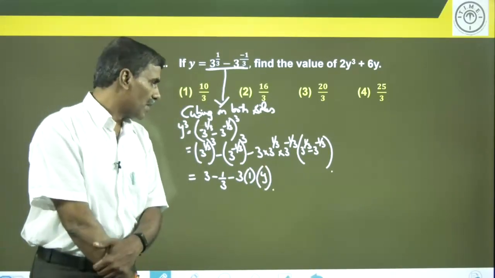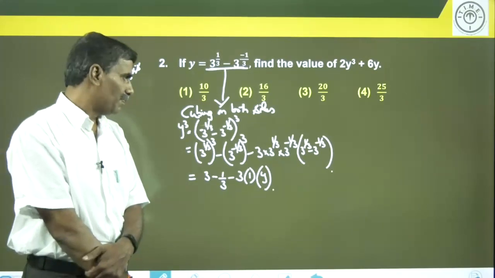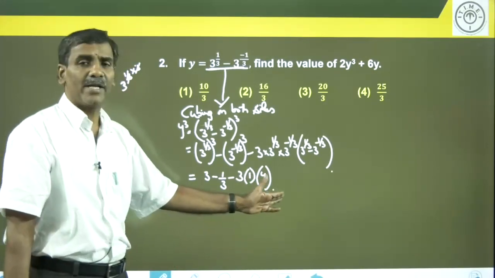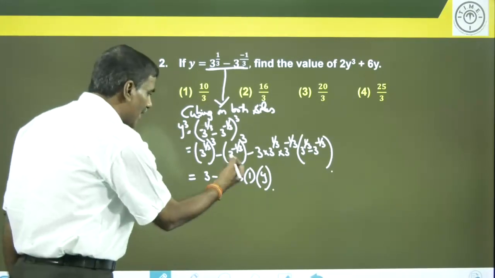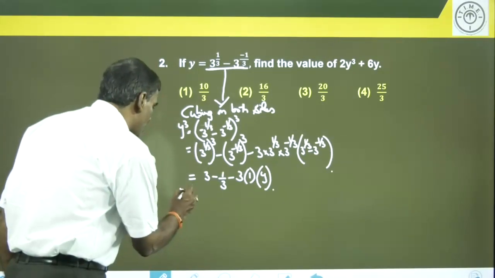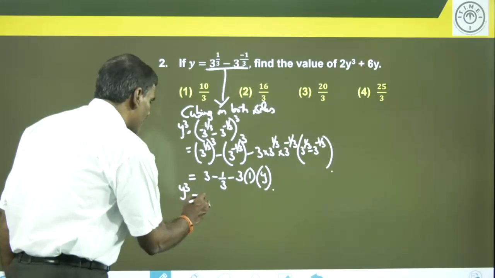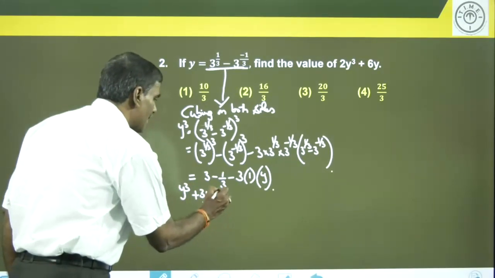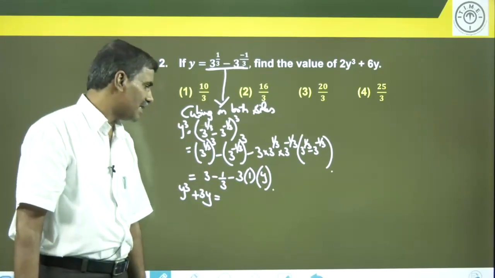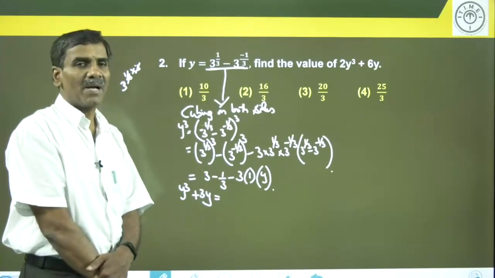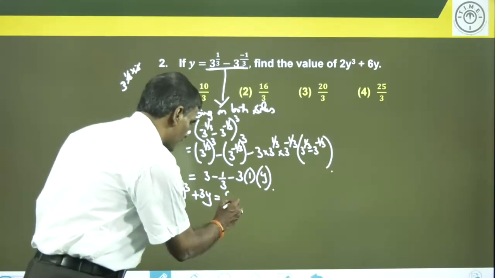So in other words, 3ab will be 3 into 1 into y. Now I will bring that 3y to this side. So y cube plus 3y is nothing but 3 minus 1 by 3. 3 minus 1 by 3 is nothing but 9 minus 1 by 3, 8 by 3 we will be having.